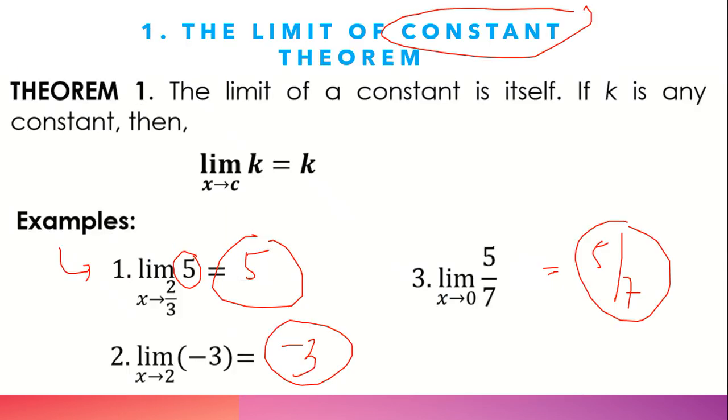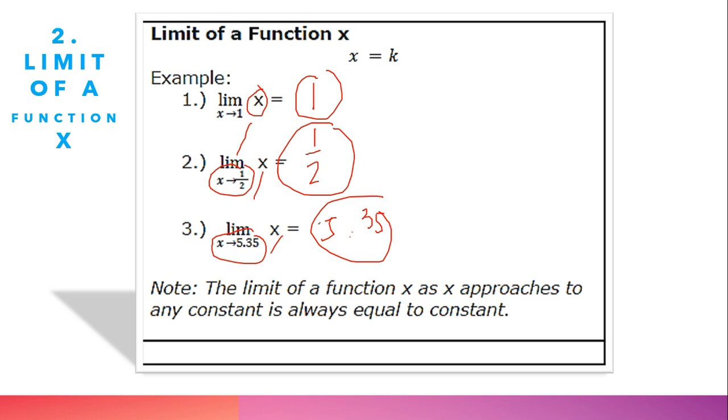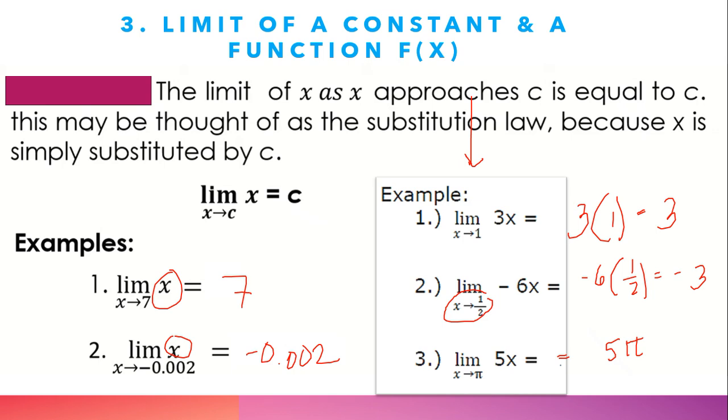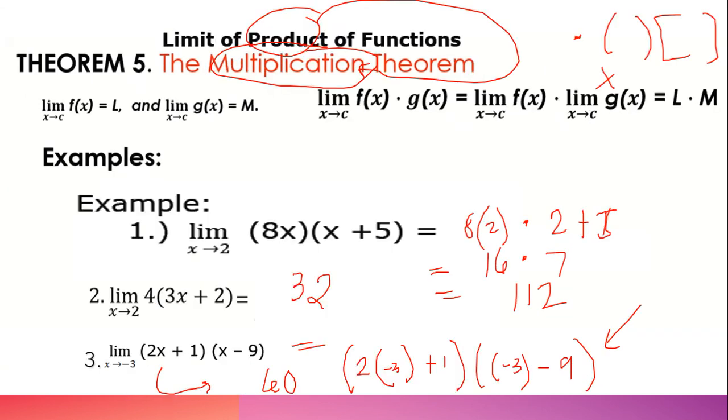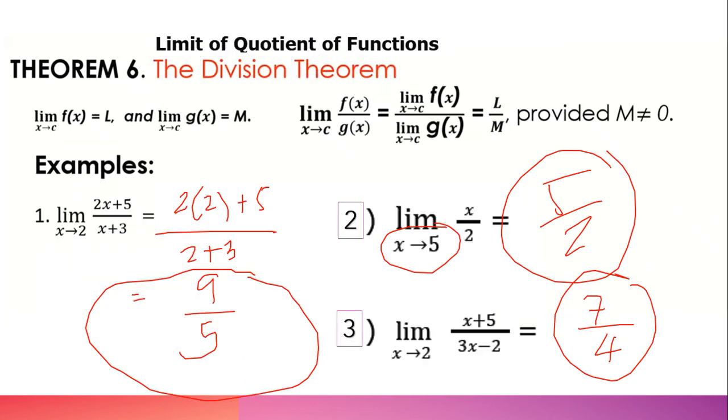Ulitin natin. Number 1, constant, wala siyang variables. Limit of a function, wala siyang constant, meron siyang variable lang. Limit of a constant and a function, variable together with a constant. The sum and the difference, plus and minus. The product, of course, parenthesis o multiplication symbols na meron. Quotient division, that is the division, it is a rational or a fraction.